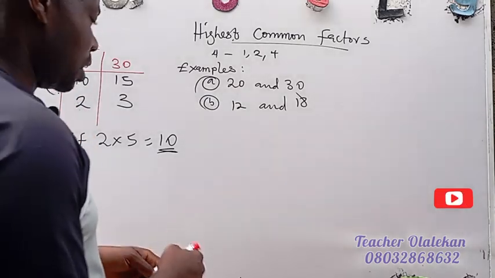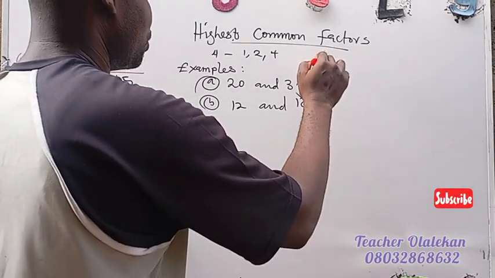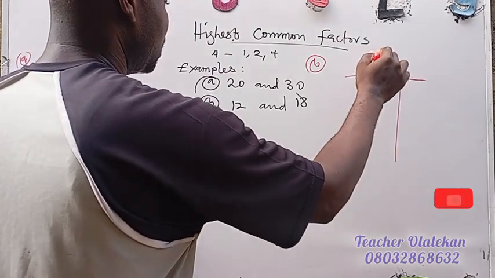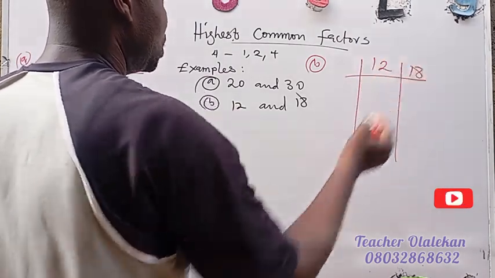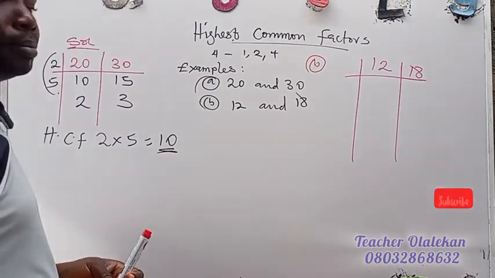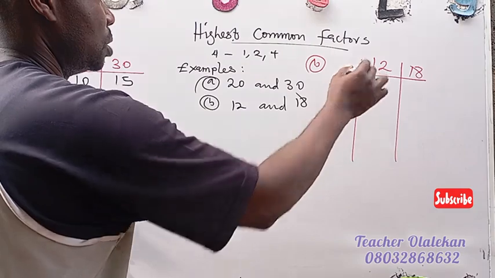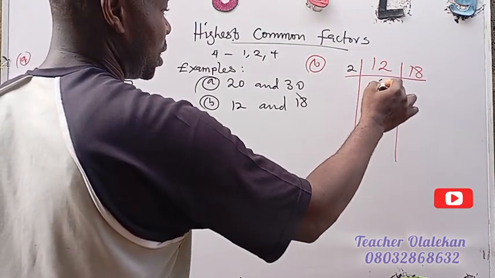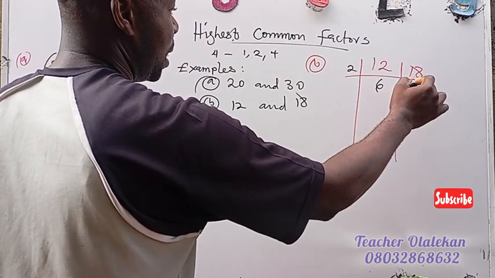So in our second example, let's look for the HCF of 12 and 18, using the same method. We'll start with 2 because both of them satisfy the test of 2. So this becomes 6 and this becomes 9.